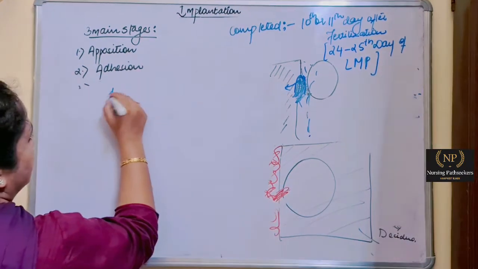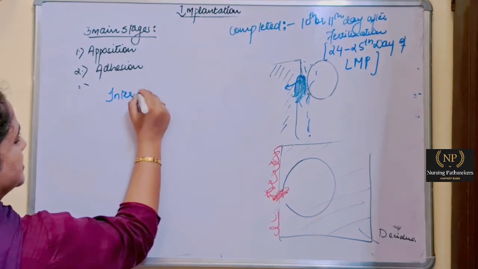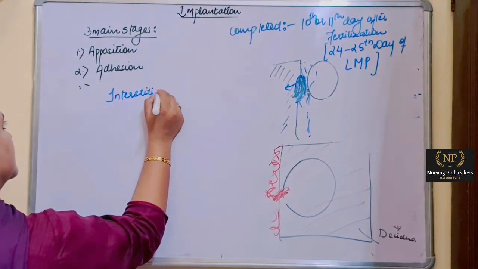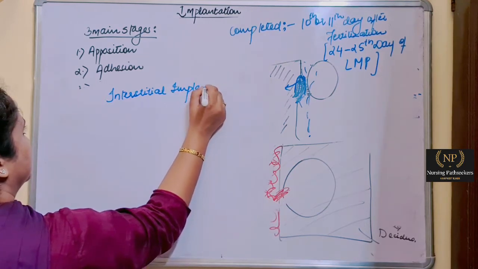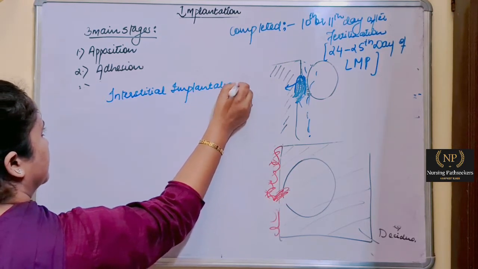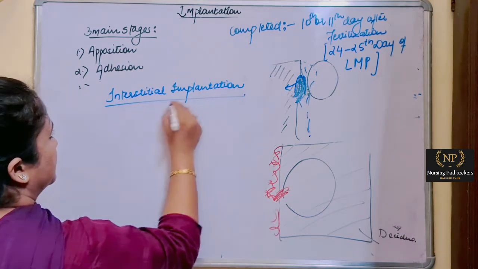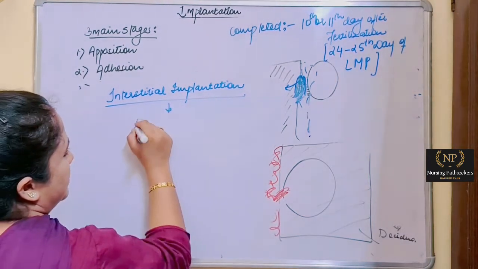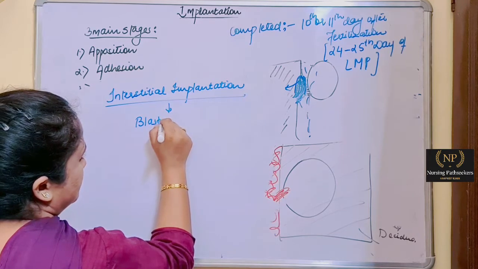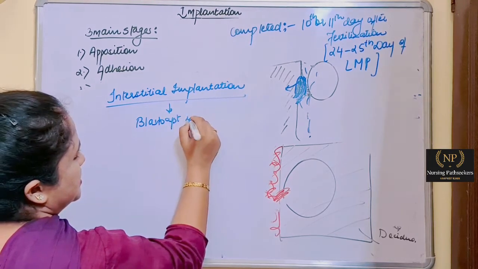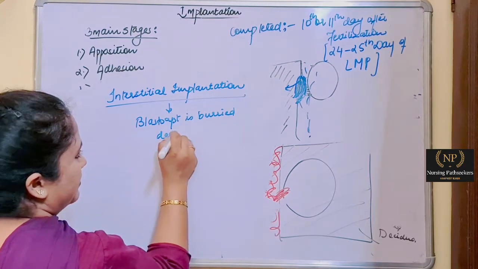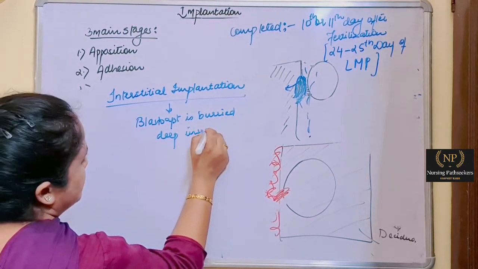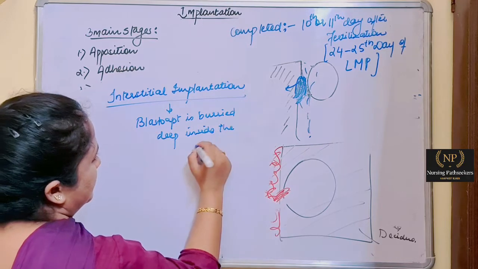And there is a term called interstitial implantation, which means that the blastocyst is buried deep inside the endometrium.